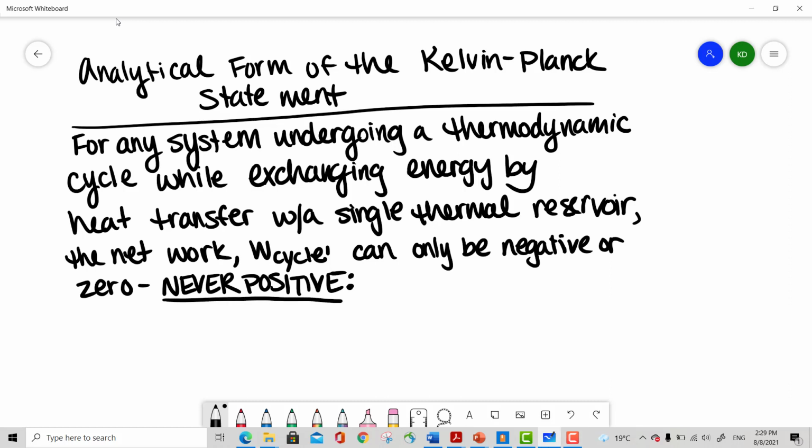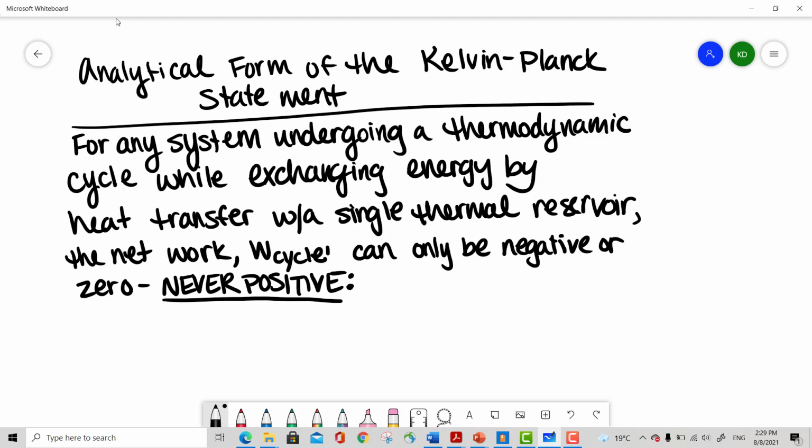Okay, so I just went ahead and paused it and wrote it really quick. So for any system undergoing a thermodynamic cycle while exchanging energy by heat transfer with a single thermal reservoir, the net work of the cycle can only be negative or zero, never positive. So remember, that's what it said.